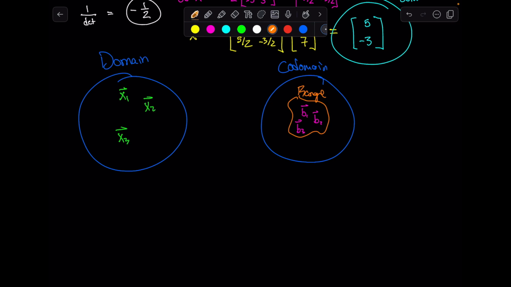The idea is that the inverse transformation will take us back the other way. And hopefully you remember that from pre-calculus.